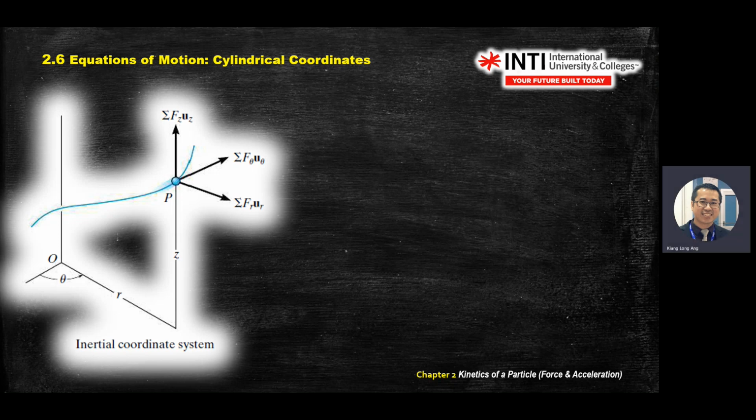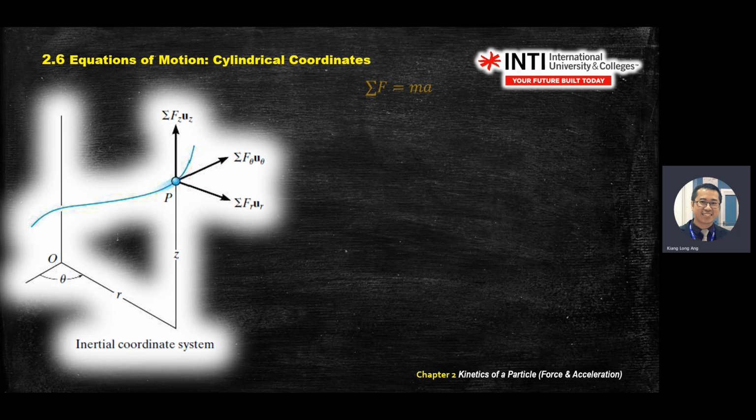And the Z is very direct: if it goes up, then Z is positive. And theta, in this case, be careful on the direction. Theta is positive when you have anti-clockwise.